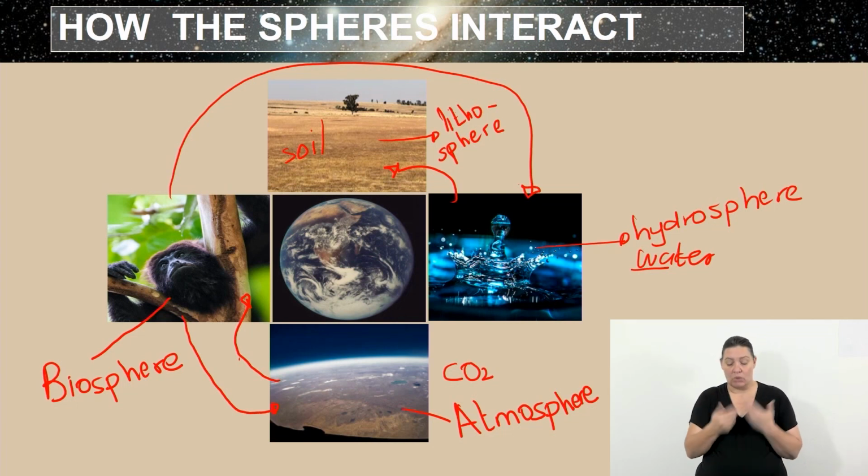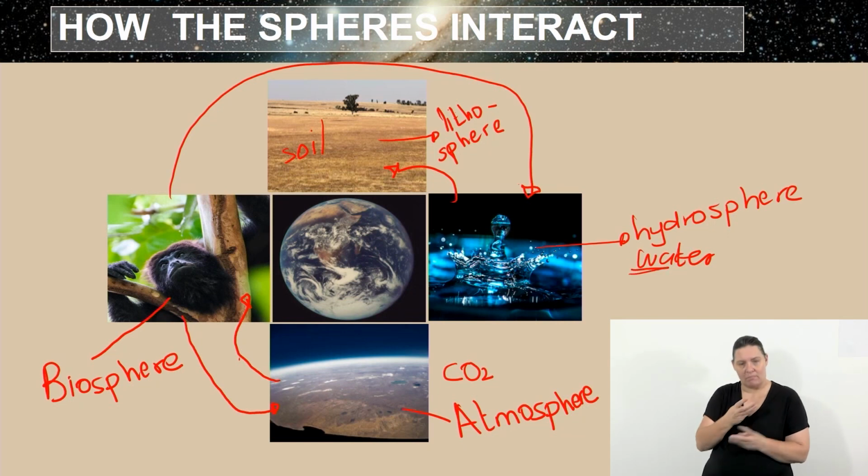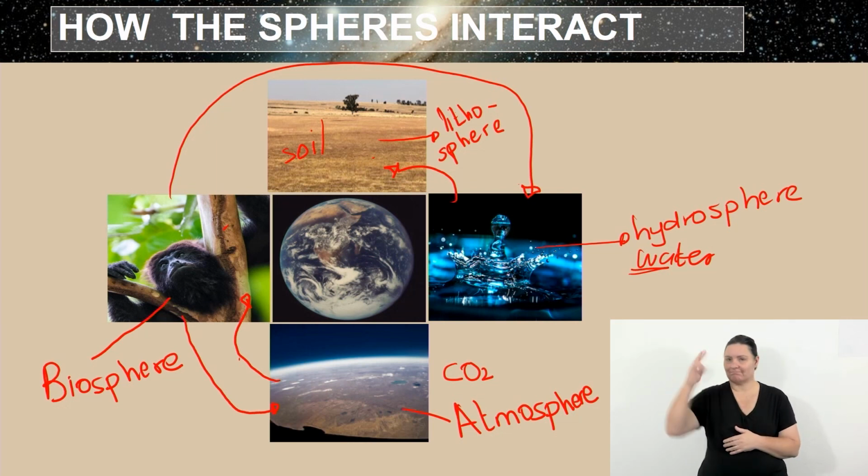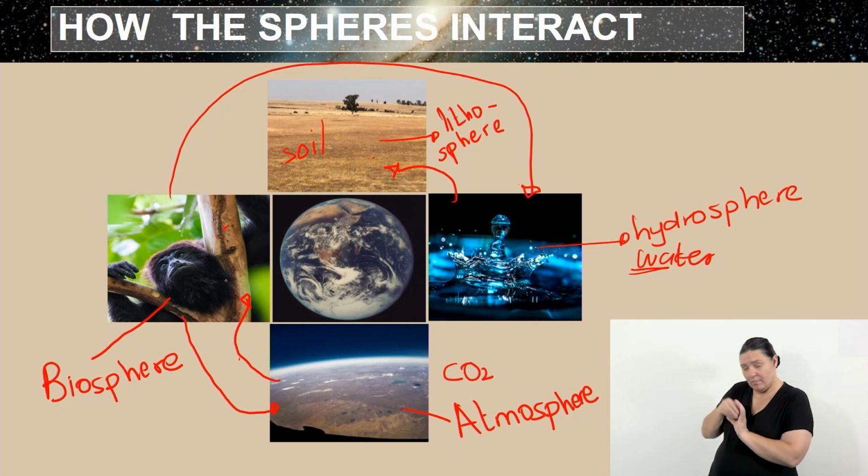So during the process of photosynthesis, we need the water from the soil to be absorbed into the roots, then into the stem, then into the leaf, in order for the process of photosynthesis to occur.